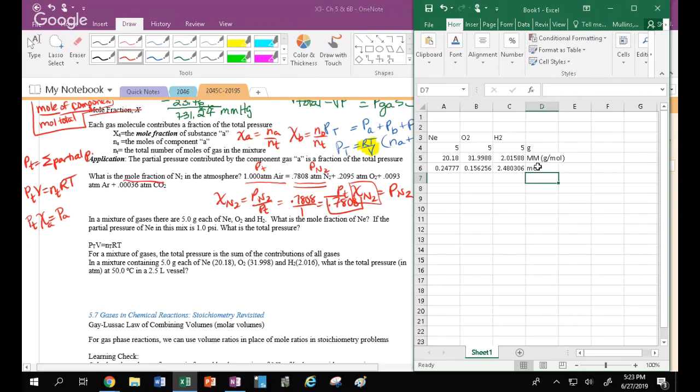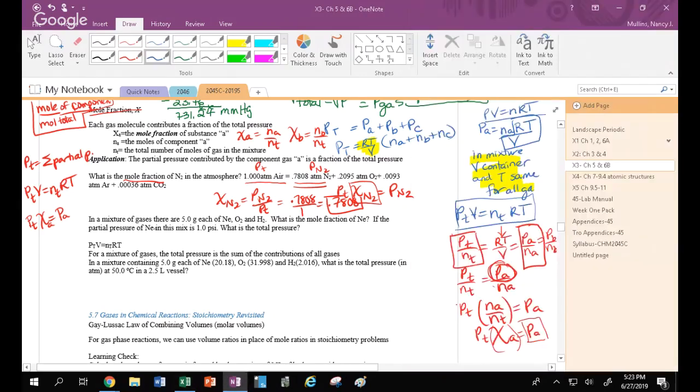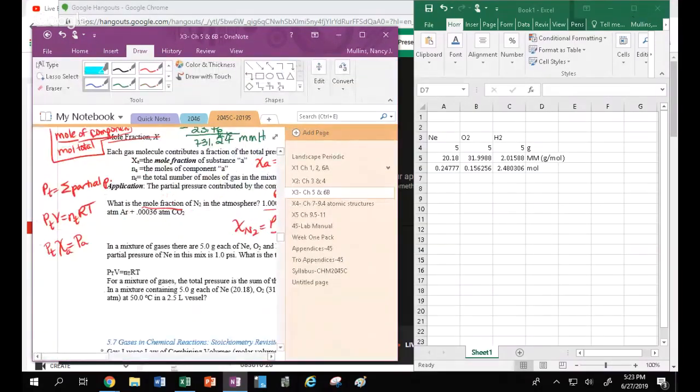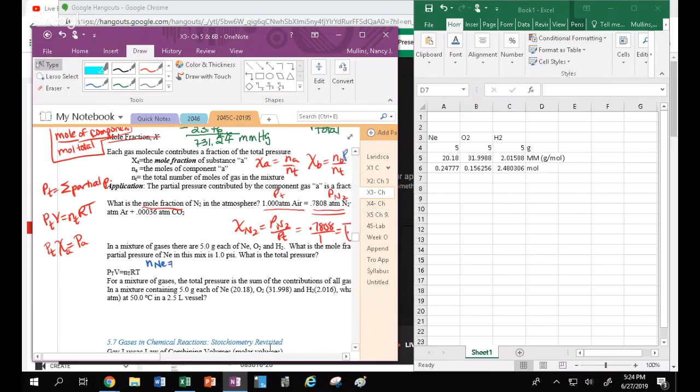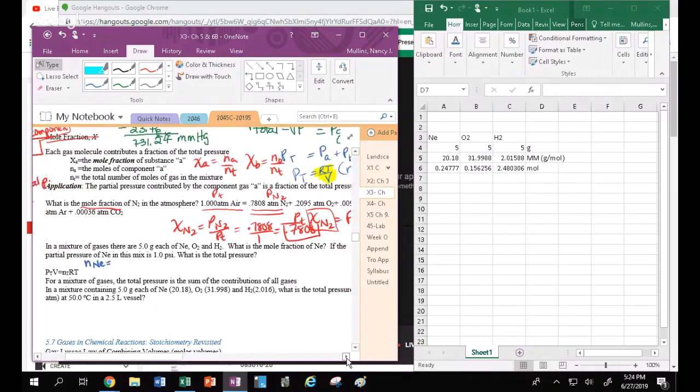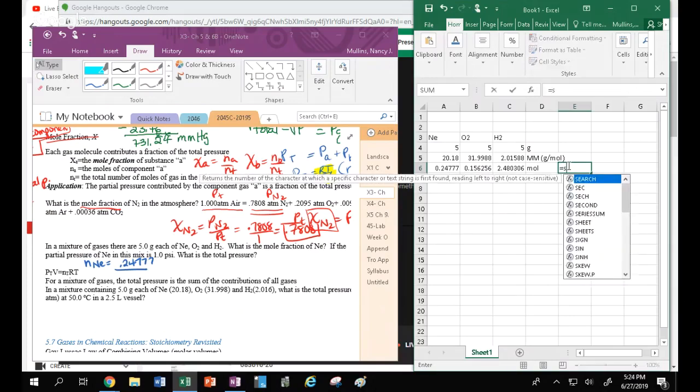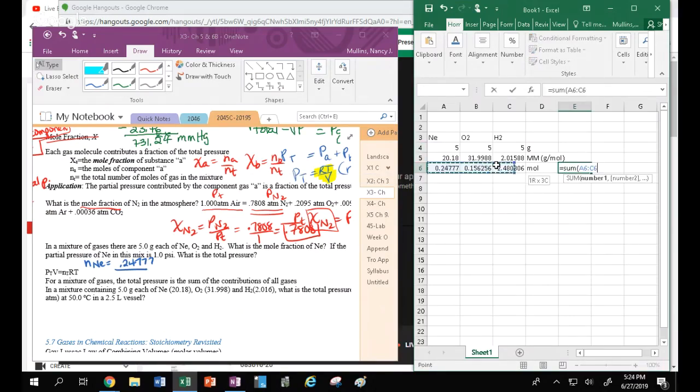So the first portion of the question just said, what is the mole fraction? If I want to know the mole fraction of neon, which I think is what it was asking for, it is going to be the moles of neon, 0.24777, over the total moles, which apparently is 2.884.